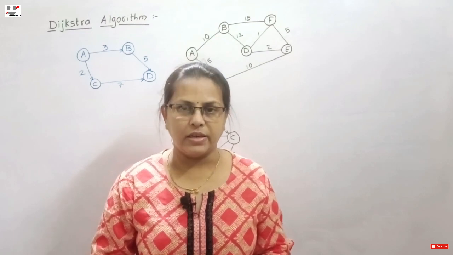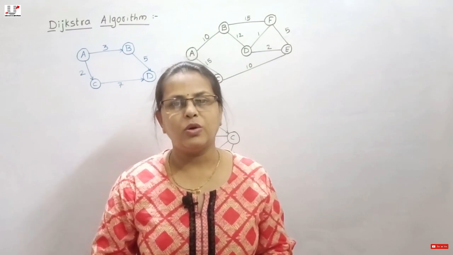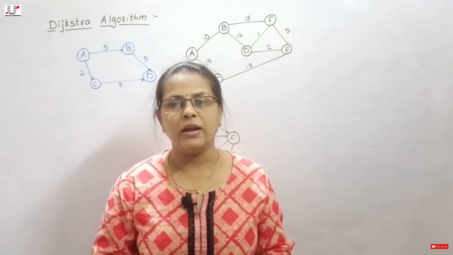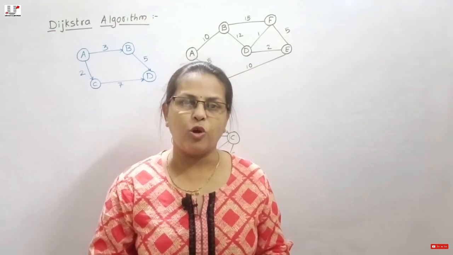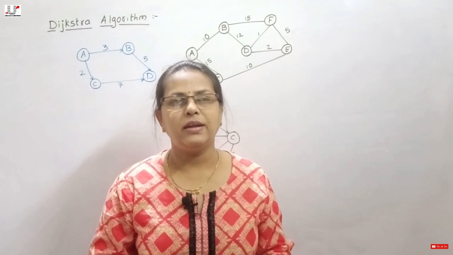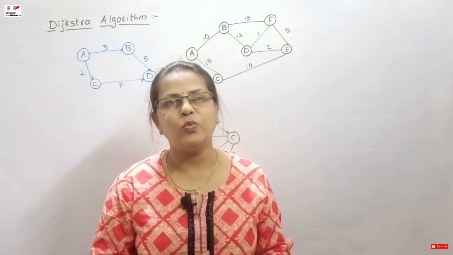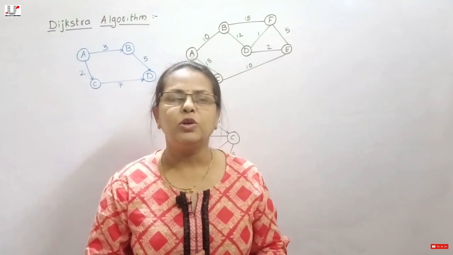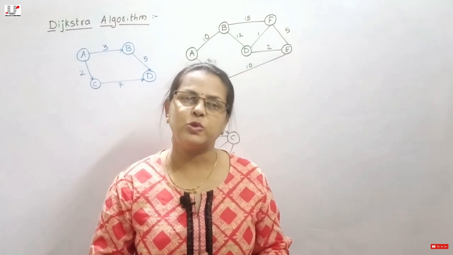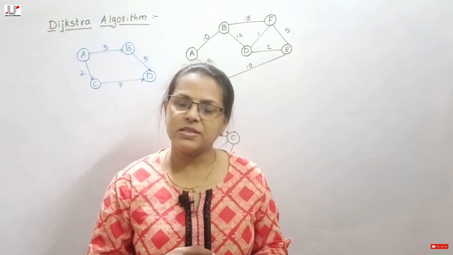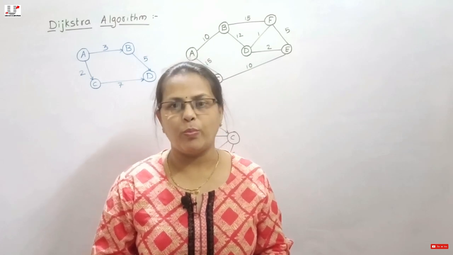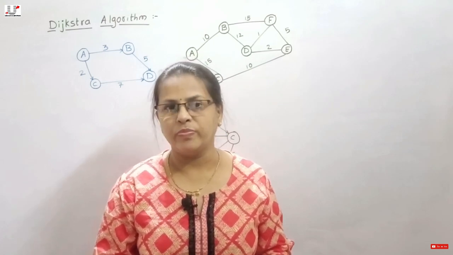So what is the greedy technique? The greedy method says that the problem should be solved in stages, taking one step at a time and considering one input at a time to get an optimal solution. Dijkstra follows the same property to solve the problem.